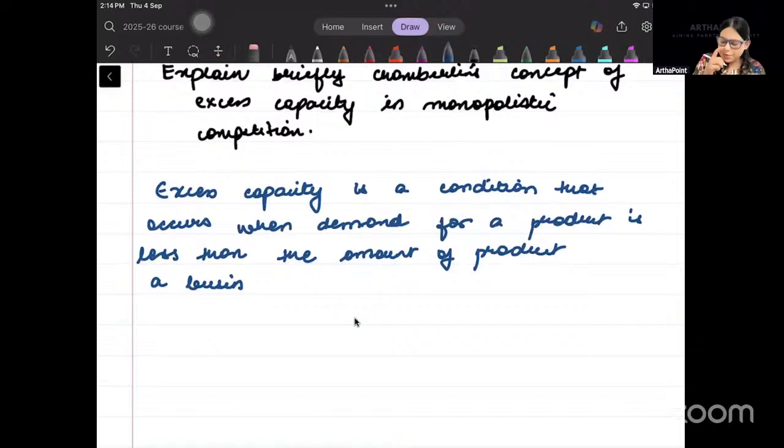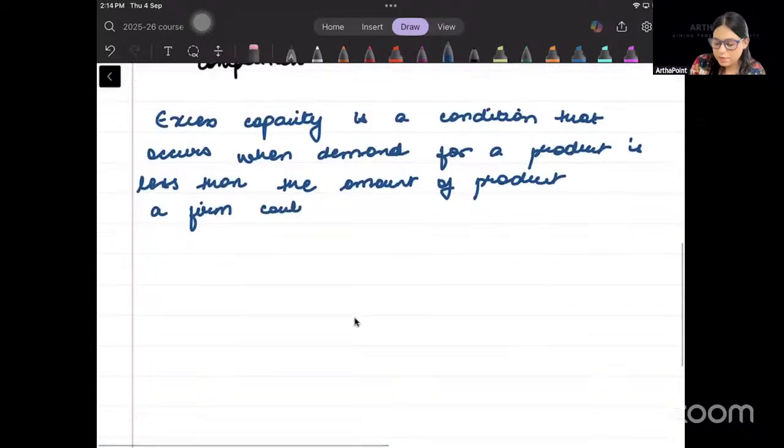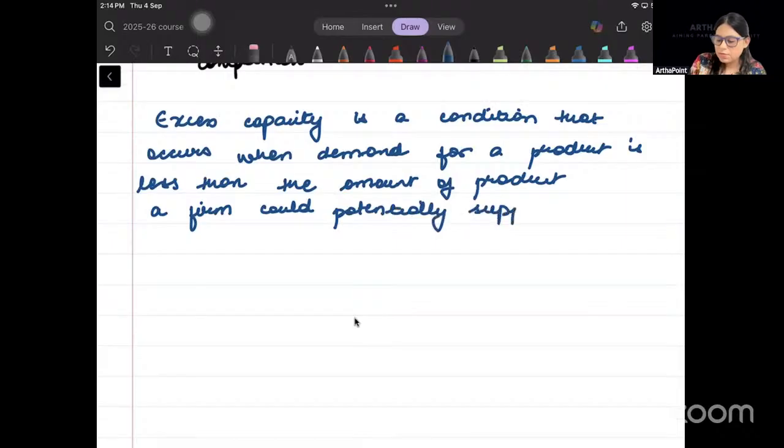Since we are talking about economics, usually instead of the word business, you should be using the word firm. It becomes a little better. A firm could potentially supply to the market.